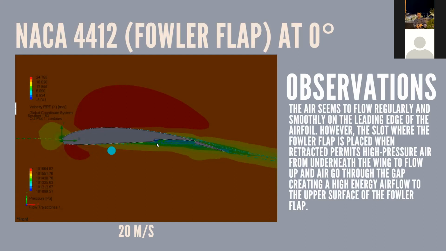However, yung slot naman po where the Fowler flap is placed when retracted, when retracted po, it permits high pressure air from underneath the wing to flow up, and air goes through the gap, creating a higher energy airflow to the upper surface of the Fowler flap.